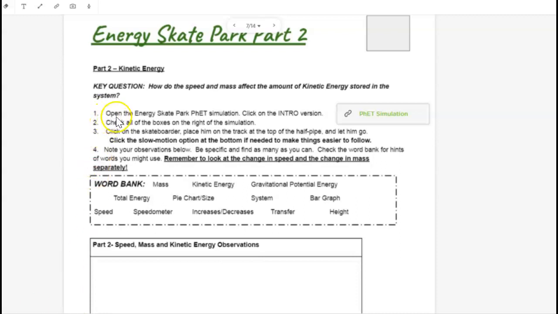First of all, let's read the questions. Open the instructions. Open the energy simulation. Click on the intro version. Check all the boxes. And we want to figure out how the speed and the mass affect the kinetic energy. So let's go there and do that.